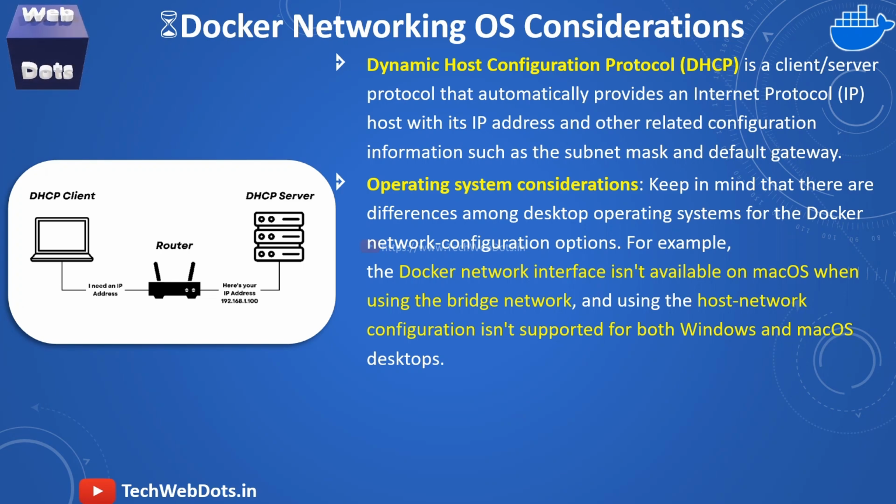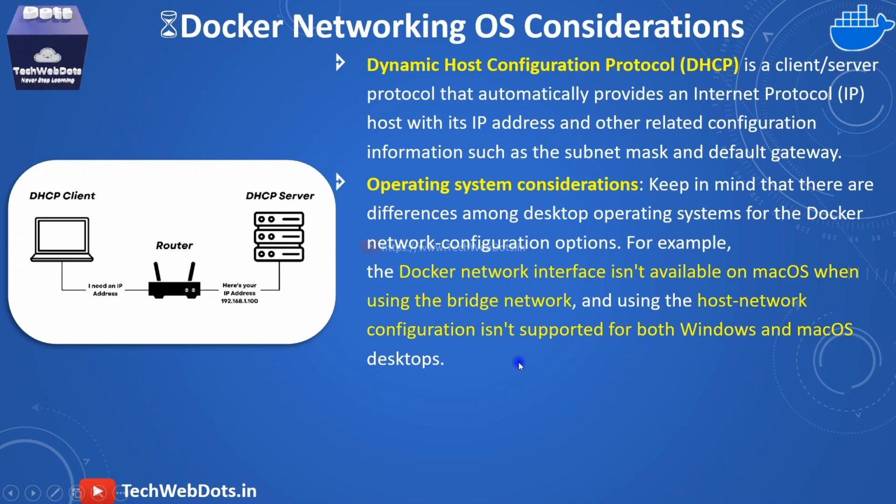From the operating system considerations point of view, keep in mind that there are differences among desktop operating systems for the Docker network configuration options. For example, the Docker network interface is not available on macOS when using the bridge network, and using the host network configuration is not supported for both Windows and macOS.